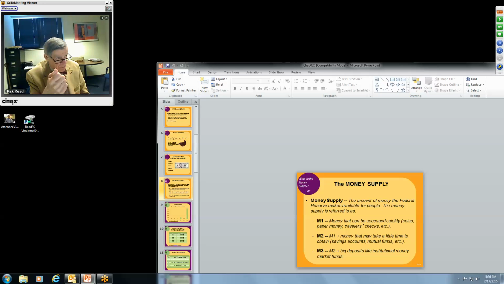M2 money is all of what we just mentioned, all the M1 money that we can gather up without any effort whatsoever. And then it includes things like savings accounts, mutual funds, and things of that nature. Now, why are savings accounts in there? Well, if you want to get a lot of money out of a savings account, the bank's probably not going to give it to you.